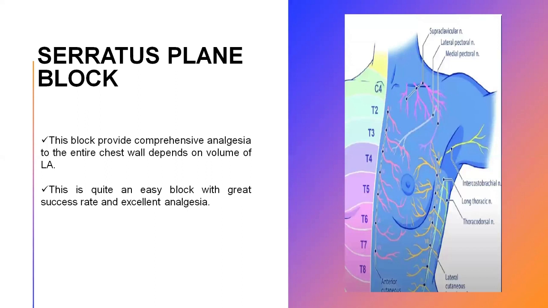This is very easy, but it should be given by an expert hand. Because there is no blind technique for this serratus plane block, it should be given under ultrasound guidance. This block provides comprehensive analgesia to the entire chest wall, depending on volume. And this is very important, that it depends on the volume of local anesthetic. This is quite an easy block with a great success rate and excellent analgesia in postoperative cases.